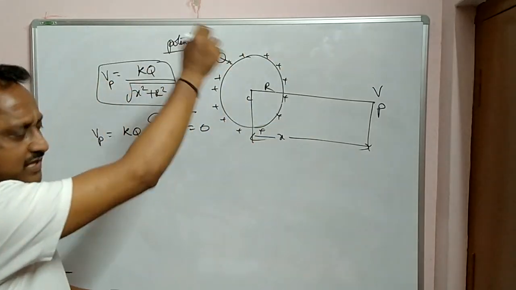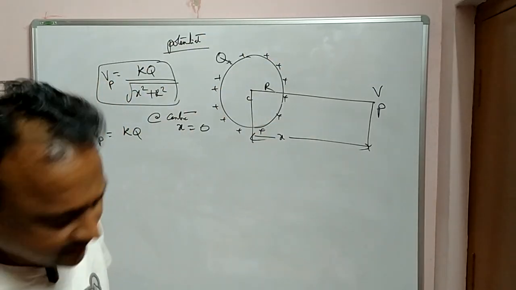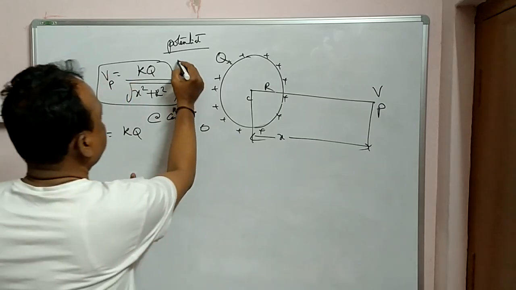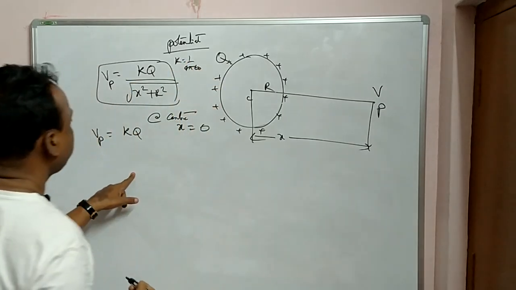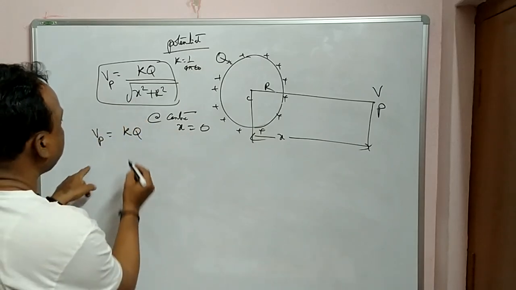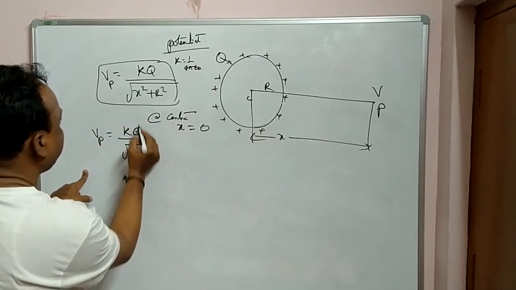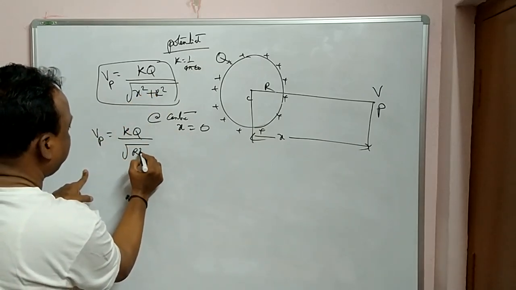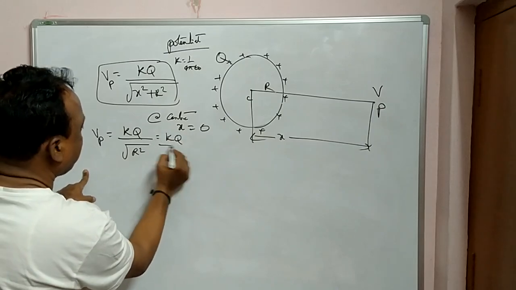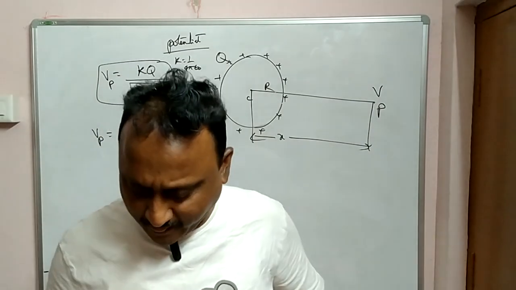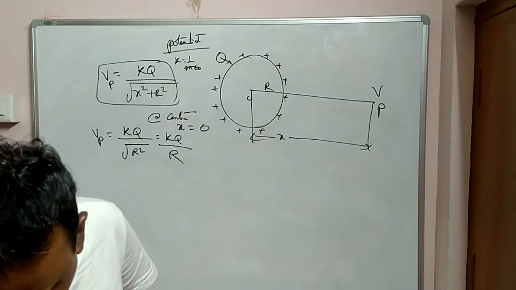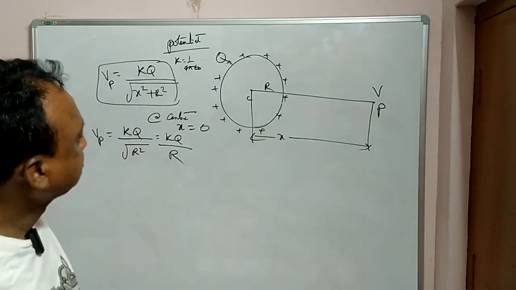Q is the charge on the uniform ring, of course, and K is the constant, as usual 1 by 4 pi epsilon naught. So if we put x equal to 0, what happens? KQ by root over r square, that is KQ by r. So this is the formula at the center. Okay, this is the formula at the center, please.